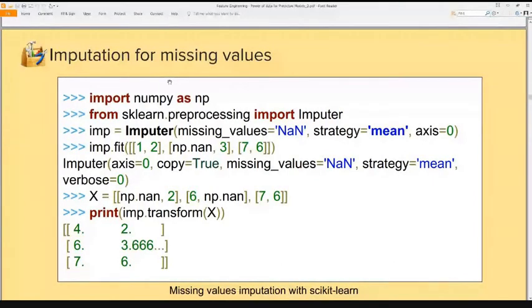Okay, looking at the slide, for instance, scikit-learn used an Imputer. This was deprecated. There is now a SimpleImputer and the syntax is slightly different.